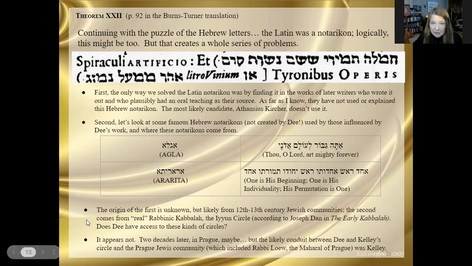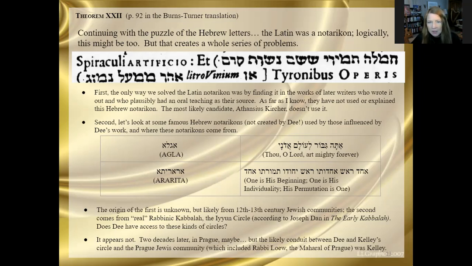Now, two decades later, when John Dee and Edward Kelly are in Prague, maybe not likely, but maybe, there is, and you can trace it in Dee's diary, some contact between the Jewish circles in Prague, which are amazing mystical circles, along with amazing in their self-preservation and everything else.